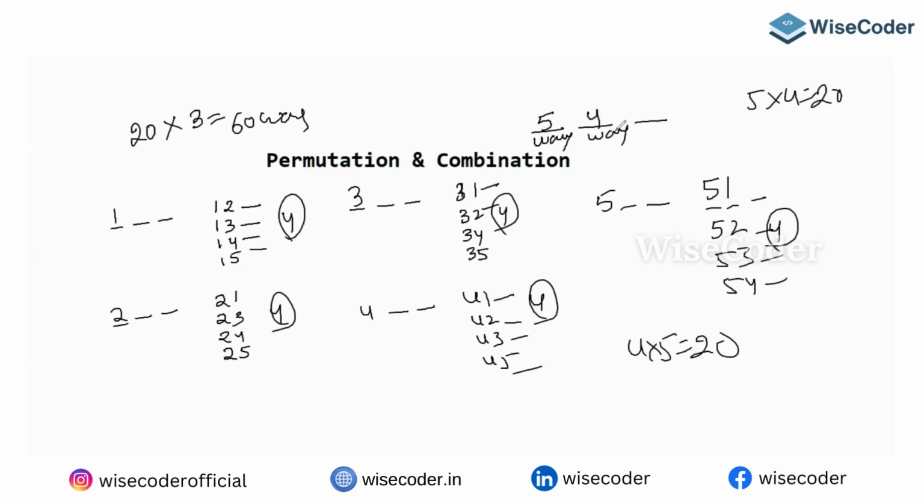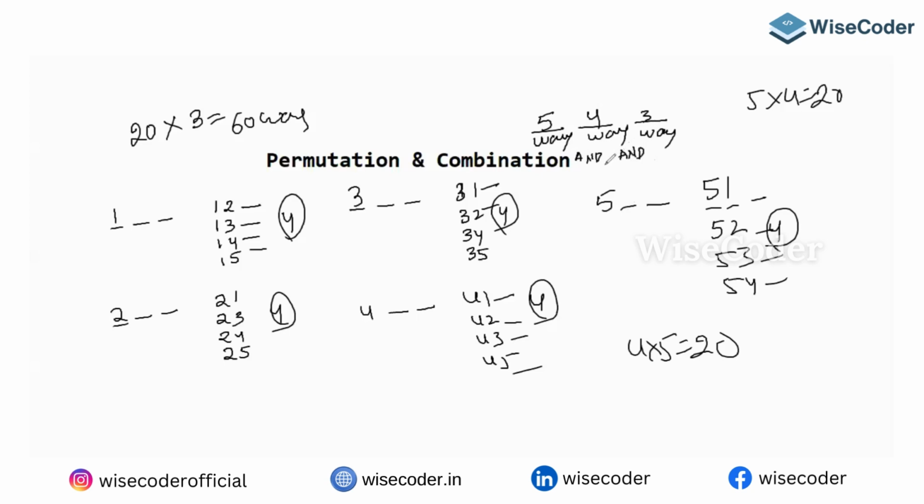And having done this, the unit position can be filled in how many ways, guys? 3 ways.